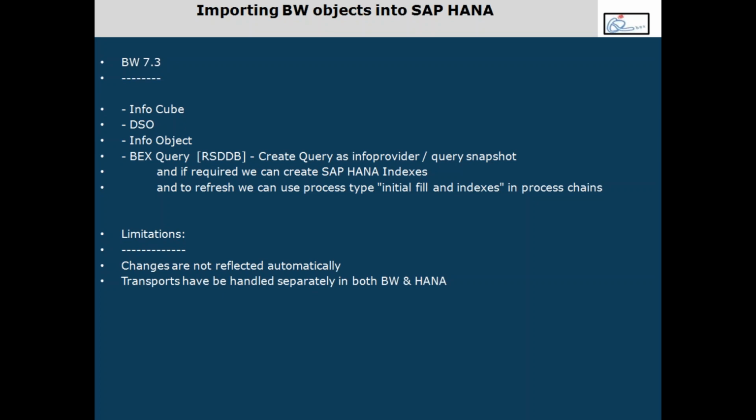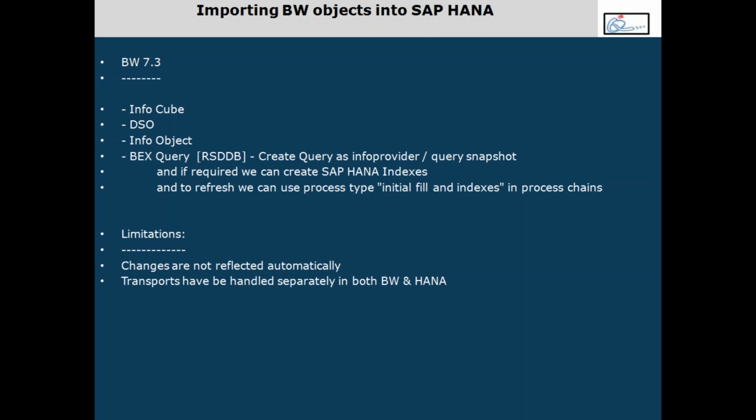Now today we're looking at how to consume BW objects in HANA. Let's say I've got BW sitting on top of HANA. Then how do I import the BW InfoProviders like InfoCube or DSO into the underlying HANA database? First I'll show importing it manually, which is in 7.3.